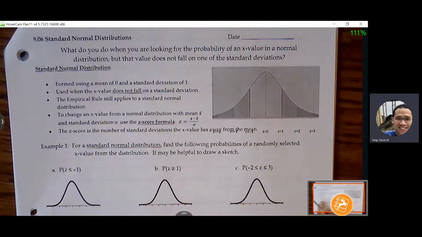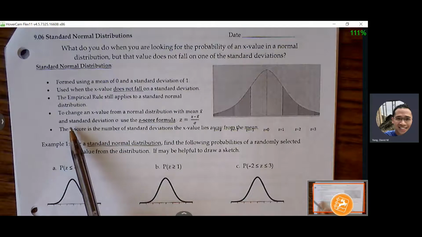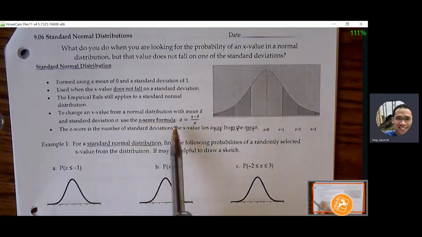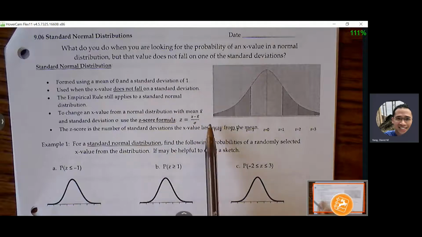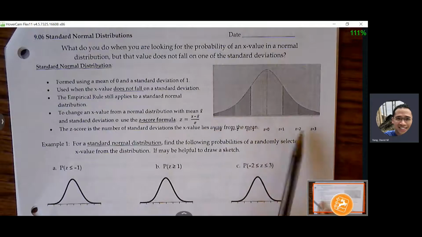Okay. So to change an x value from a normal distribution with a mean x bar and a standard deviation sigma, we use a z-score formula. So the z-score formula allows us to get this to be a little bit easier to work with.